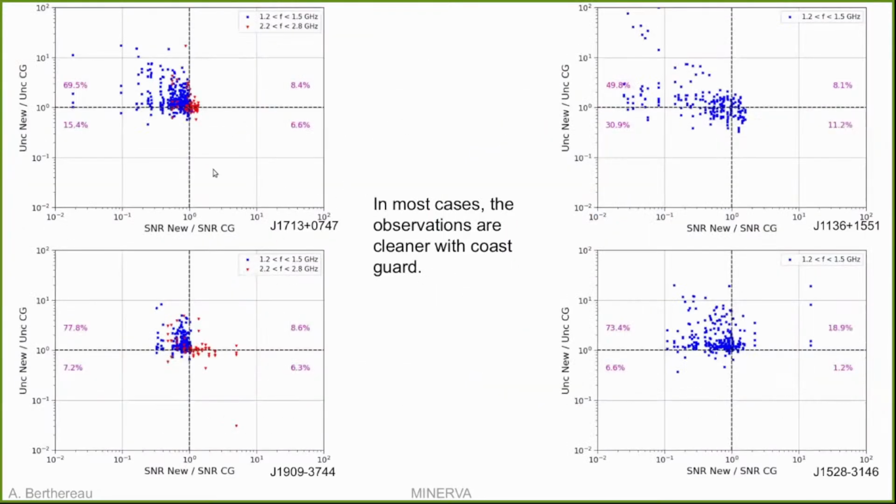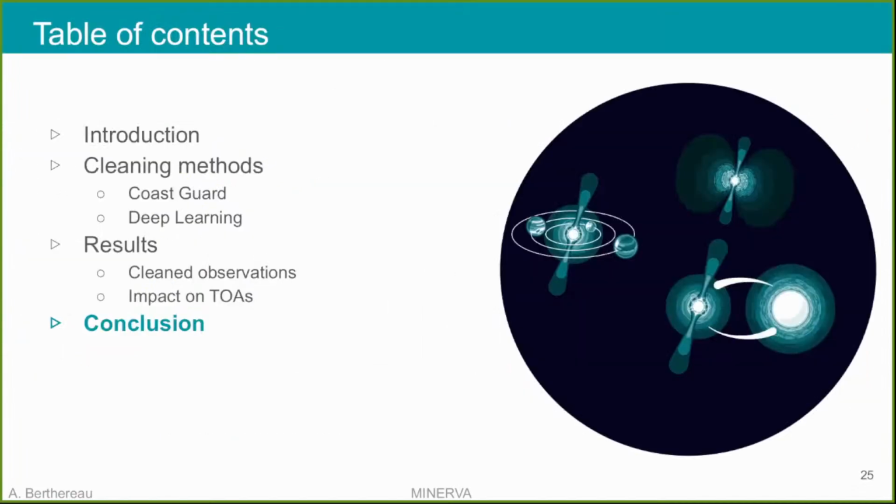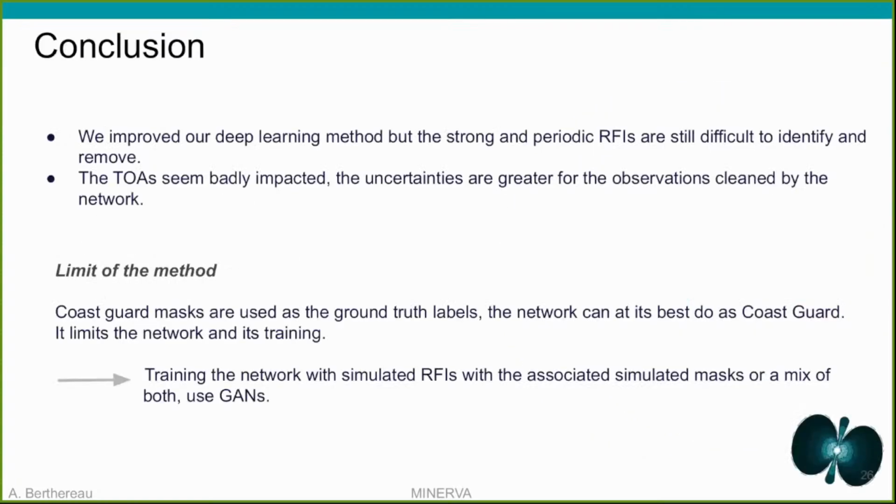But as you can see here, we cannot conclude if we are doing a better job on MSP or not. It seems that we cannot conclude from this for now. So I will conclude, sorry, for this part and for the talk.